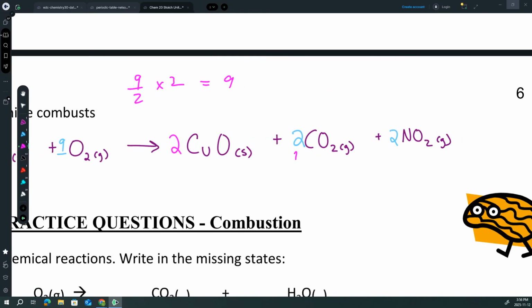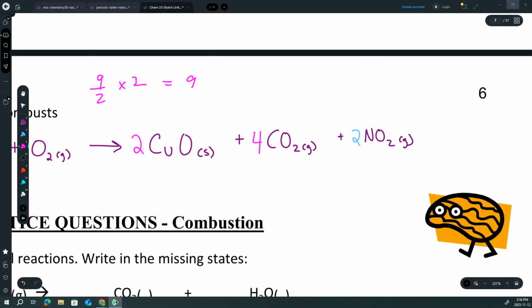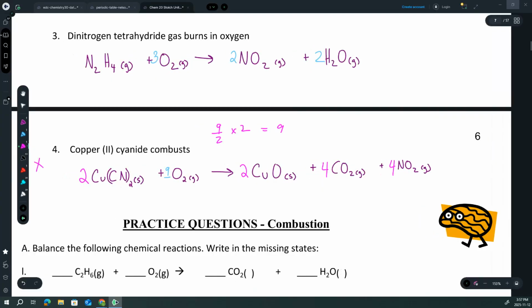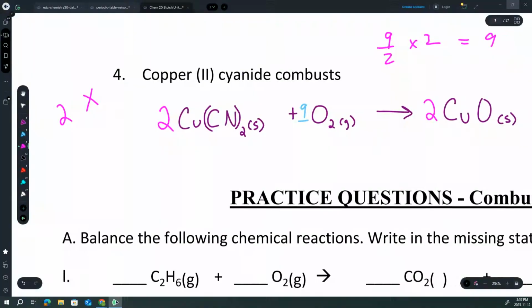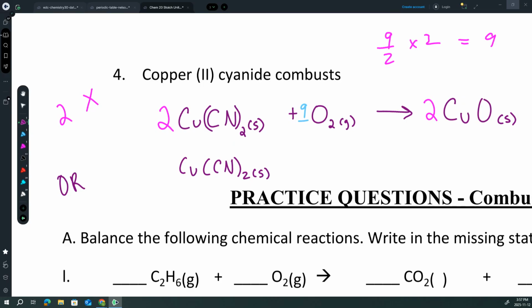Okay, 2 times 2, that's going to be 4. Same over here. 2 times 2, going to be 4. Okay, so again, you could have left the fraction coefficient, or you could multiply everything by 2. Or we could have it like this.